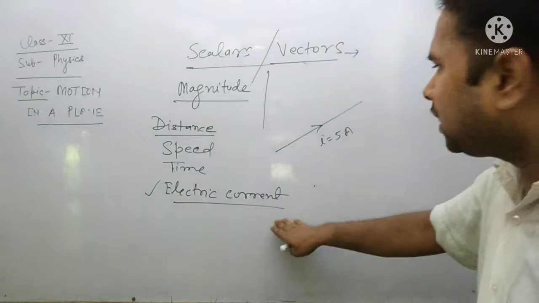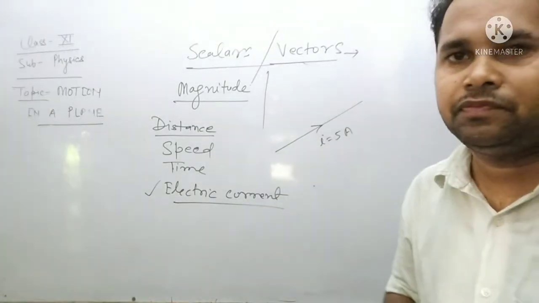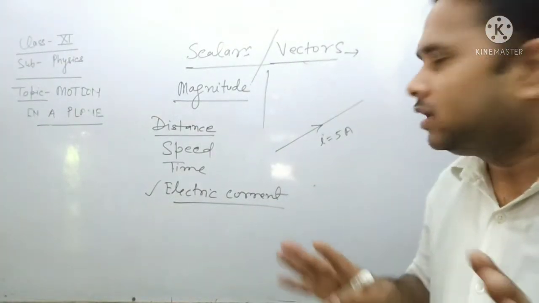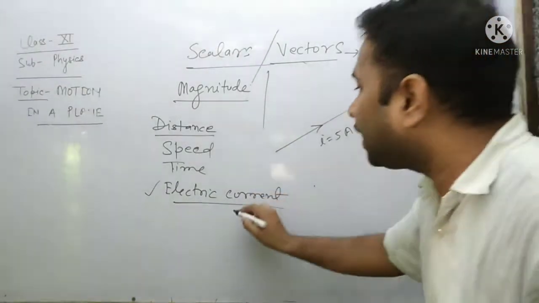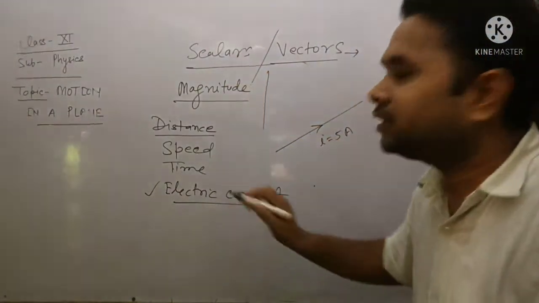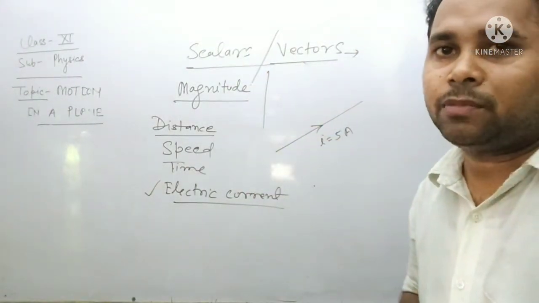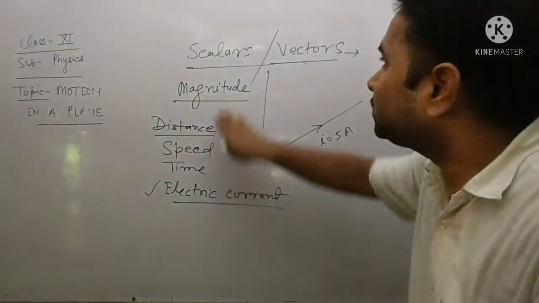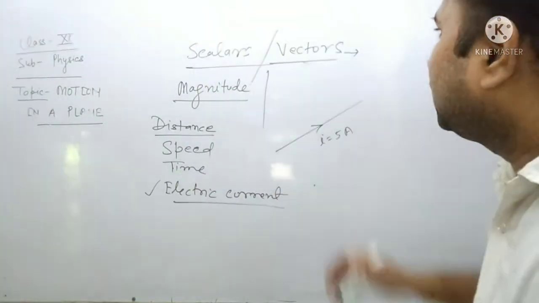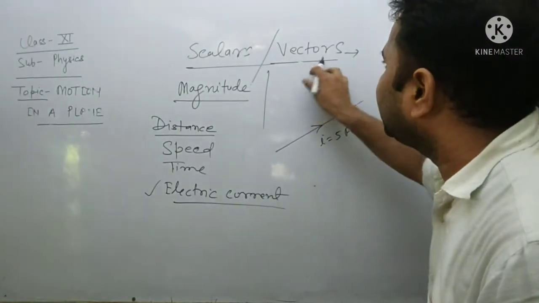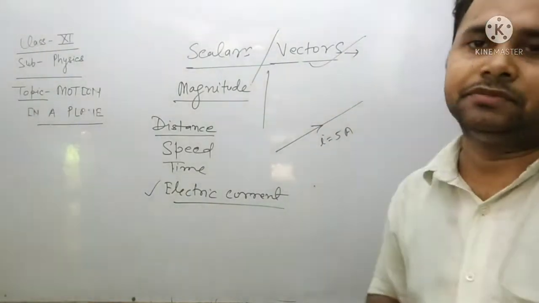It means current has direction also. Is it correct? Electric current has direction also. So why is it in the scalar category? Question में बनता है यहाँ पे. Why does it come under scalar quantities? Because we have to see here the definition of vectors again.